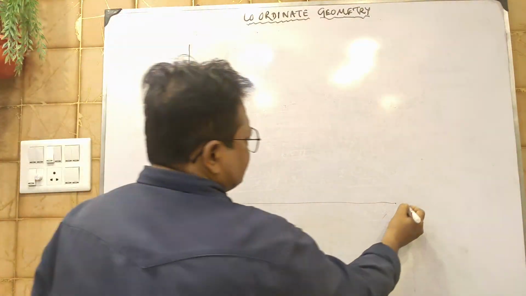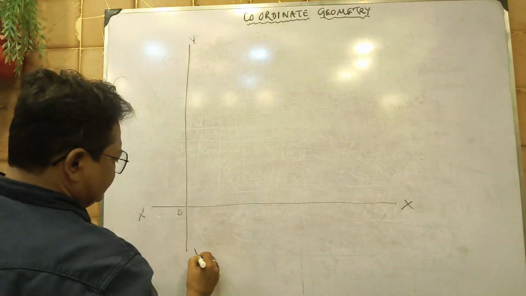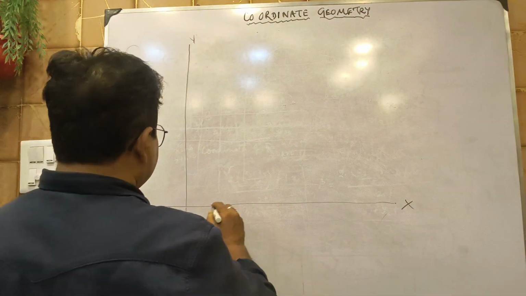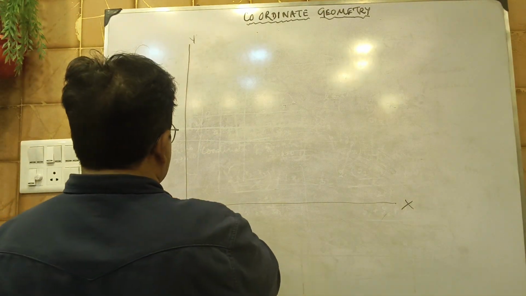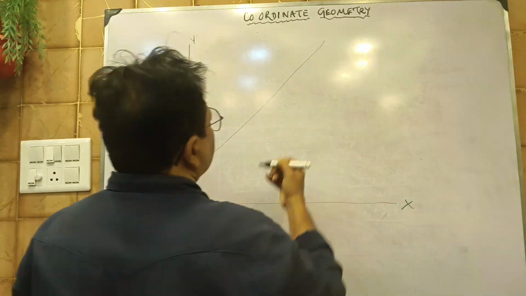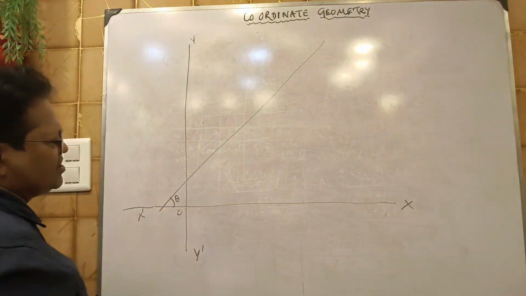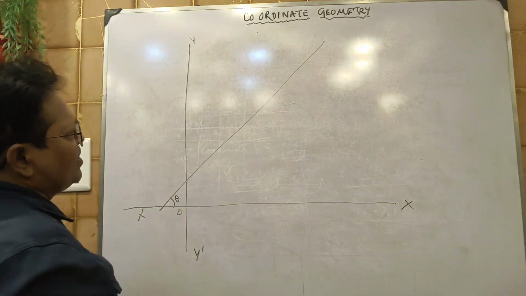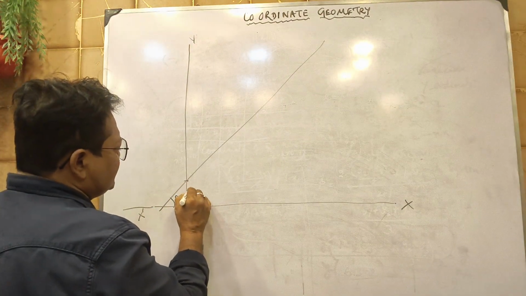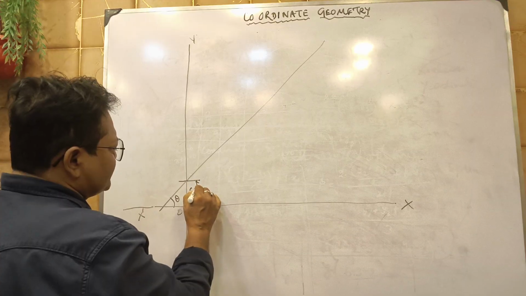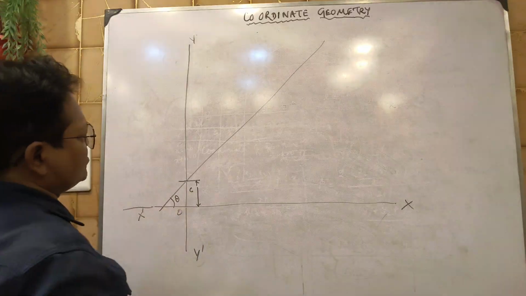Suppose it is the x-axis, X'OX, and Y'OY. Now, AB is any line, making an angle theta with the positive direction of the x-axis, and it cuts the y-axis at a distance of c.